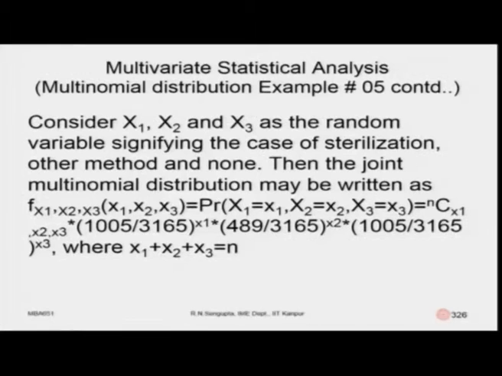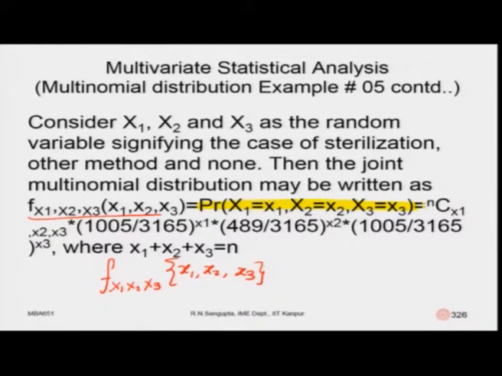Then the joint multinomial distribution, which is of three variables, a trinomial distribution, may be written as f of capital X1, X2, X3. So, this is the PMF value. Actually, what it means is this.